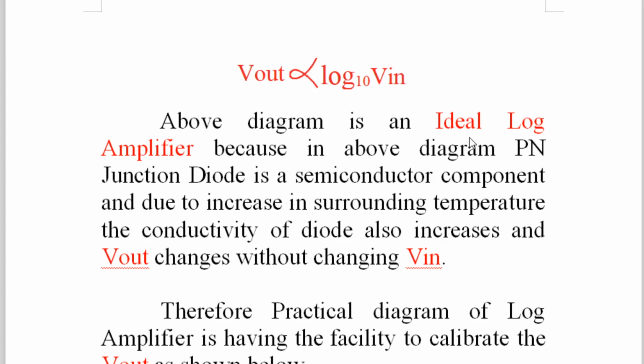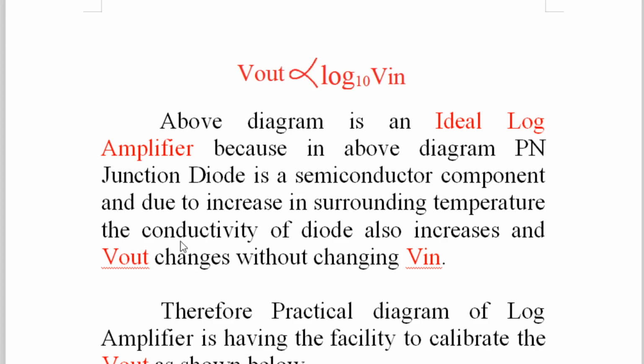The above diagram is an ideal log amplifier because the PN junction diode is a semiconductor component, and due to an increase in the surrounding temperature of the diode, the conductivity of the diode also increases. And when conductivity increases, all of you know the resistivity decreases and Vout changes.